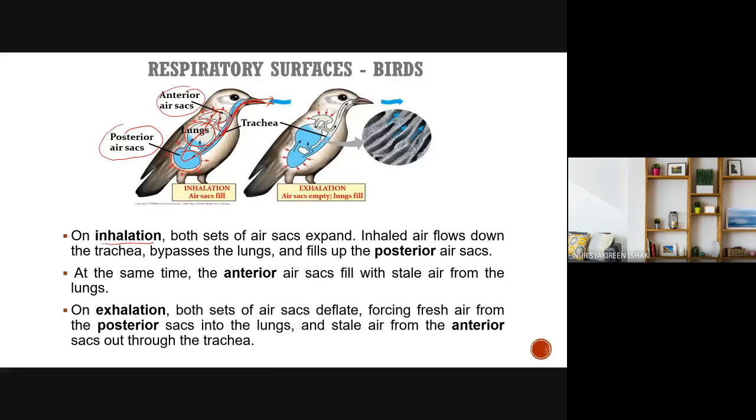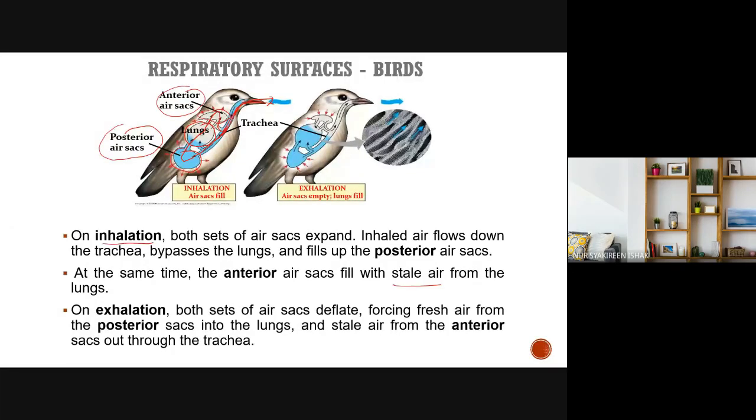So inhaled air flows down the trachea, bypasses the lungs and fills up the posterior air sac. At the same time, the anterior air sac will be filled with stale air from the lungs. Stale air is the used air that has carbon dioxide. Udara yang dah digunakan daripada lung tu akan masuk dan disimpan dalam anterior dulu.